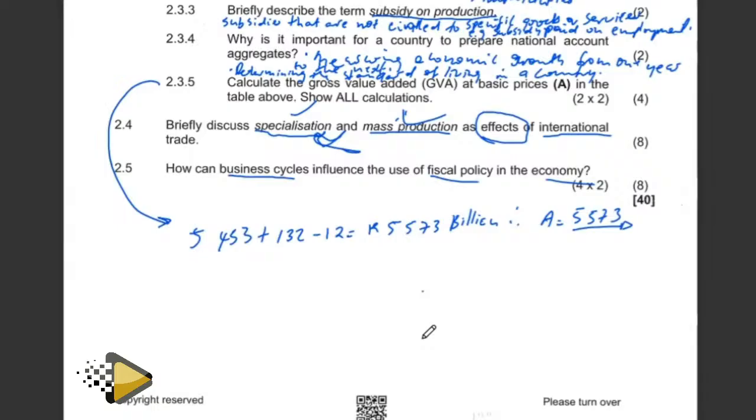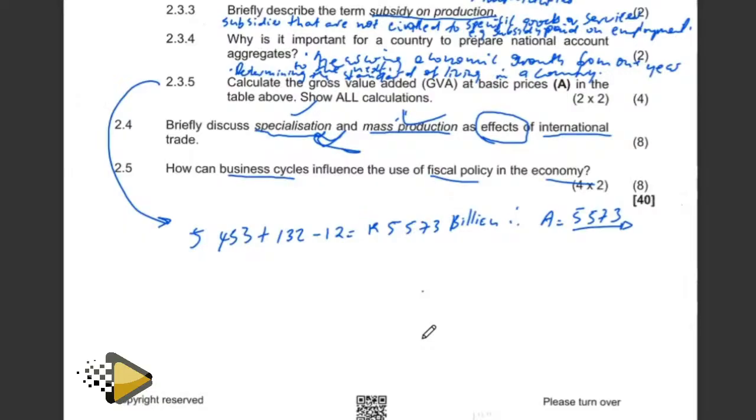The instruments the government normally uses are government spending as well as taxation. It depends on whether the economy is in a drought or at a peak. When the economy is in a drought, the government has to spend more and reduce taxation. But when the economy is at a peak or boom, it means that economic activities are doing very well, so the government has to lower its spending but increase taxation.